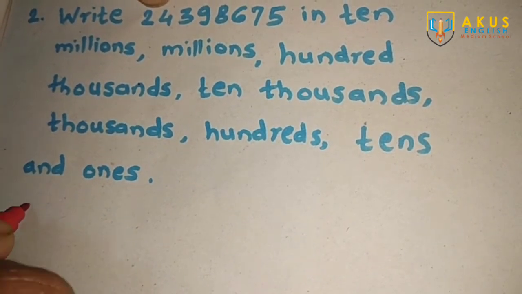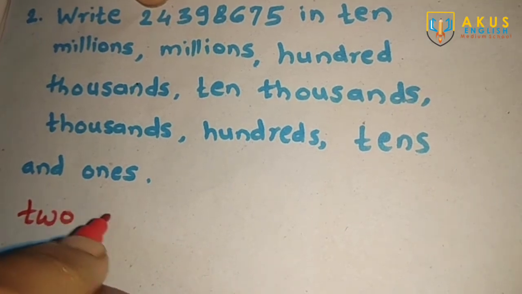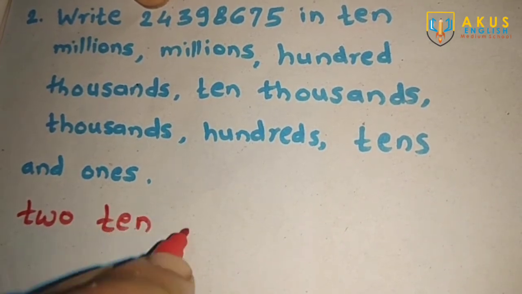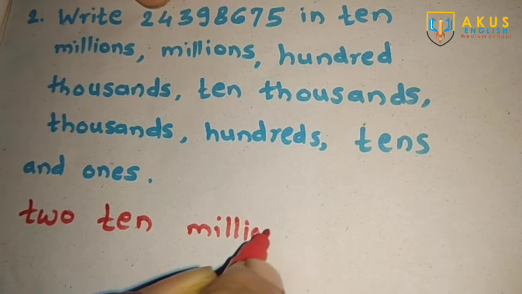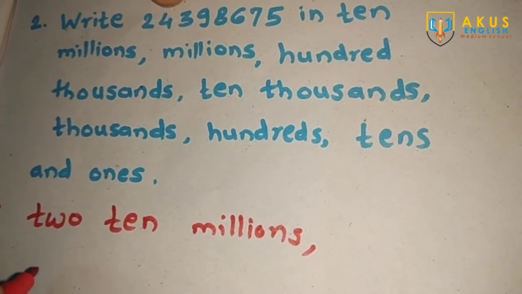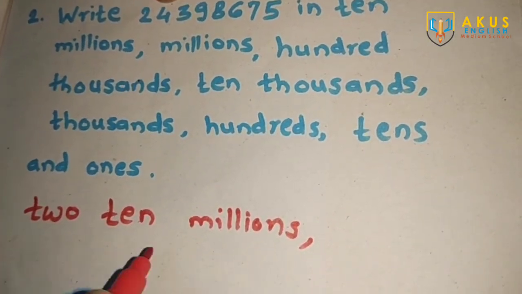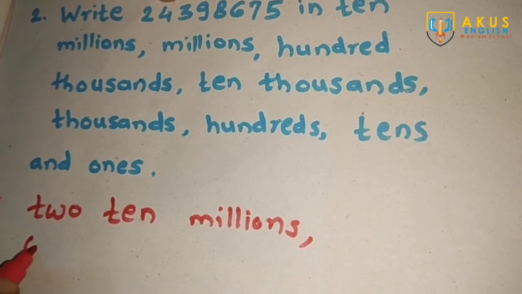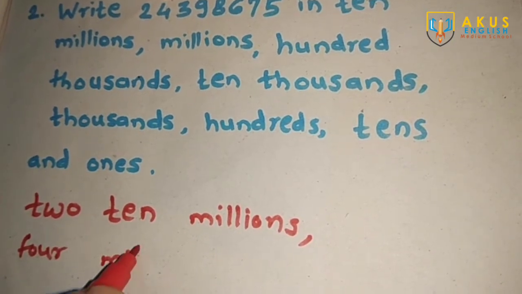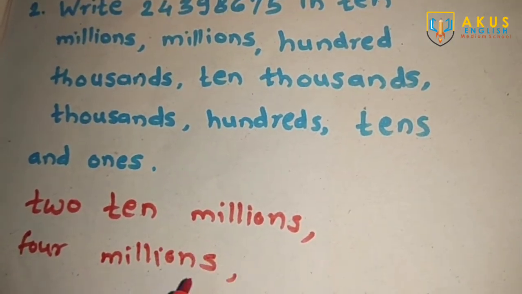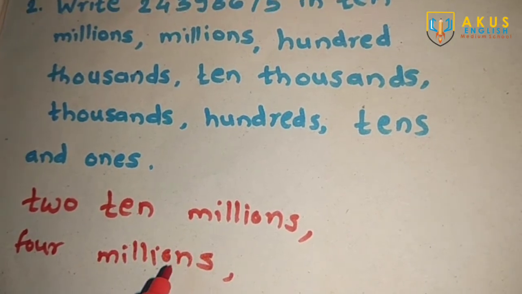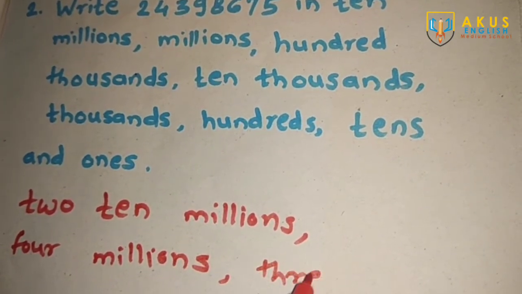So, in words, 2 10 millions. Please don't copy. I am going to explain and afterwards you have to solve by your own. 2 10 millions, then 4 millions, then 300,000.